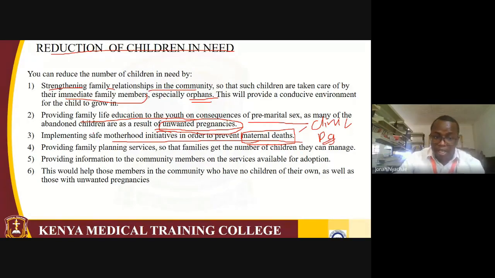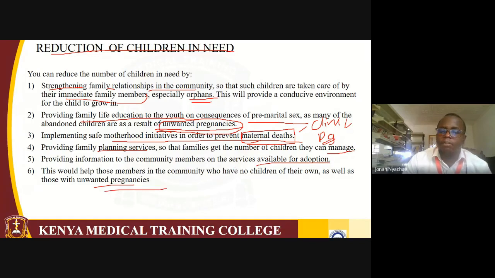So providing family planning services is equally important so that the family gets the number of children that they can manage. Also, by providing information to the community members on the services that are available for adoption, this will also help those members in the community who have no children of their own, as well as those with unwanted pregnancy.